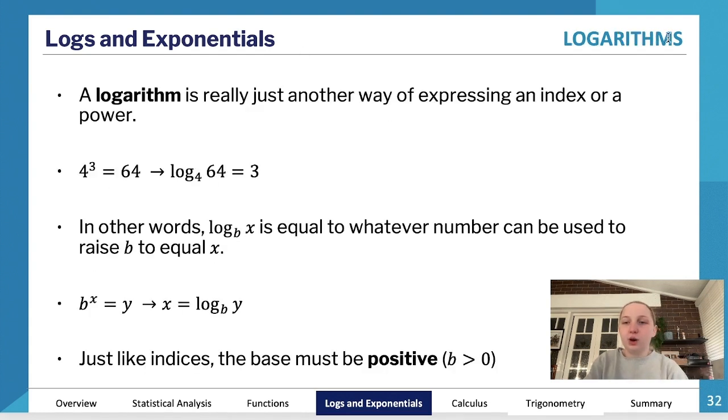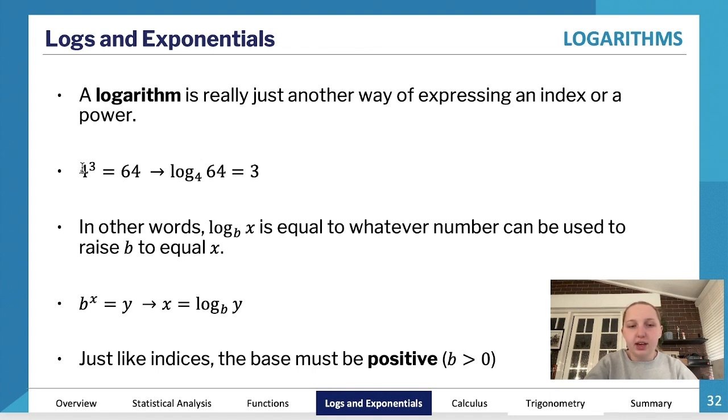Okay, a log. A logarithm is just another way of expressing an index or a power. So this is like your general form of how you can change indices to powers.